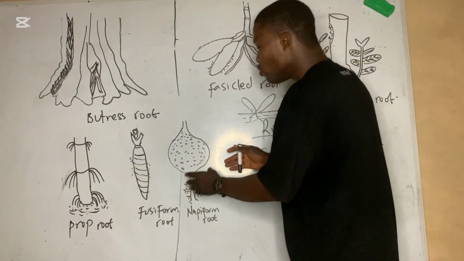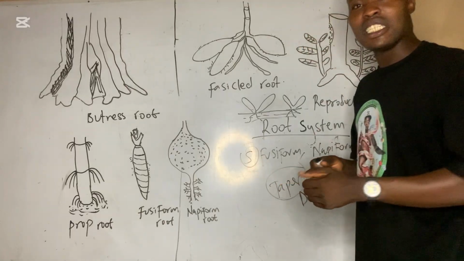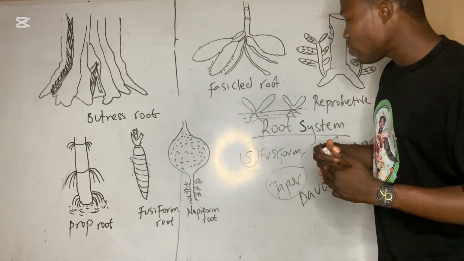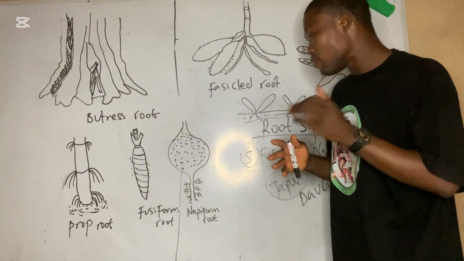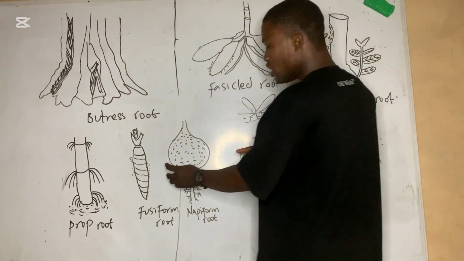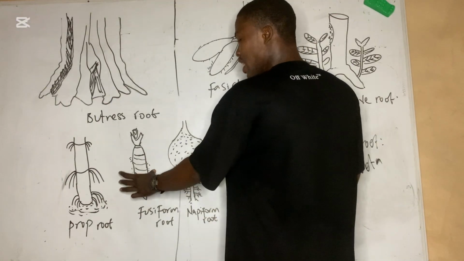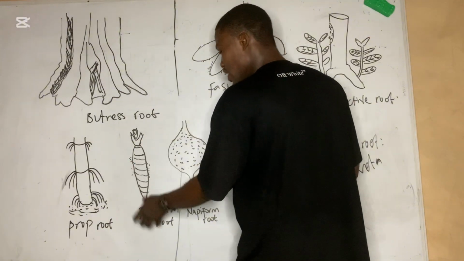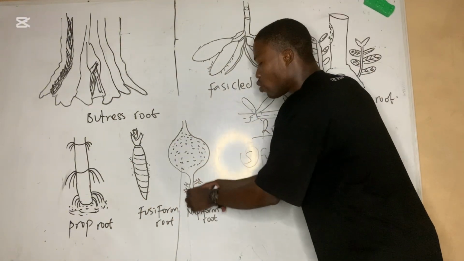While napiform roots, I can see in sugar beet, and in some other plants. One that came to my mind just escaped me, but maybe I'll remember before I finish. Now, this napiform root is swollen at the middle too, but it's much more swollen than the fusiform. As it's swollen, it then immediately tapers off.